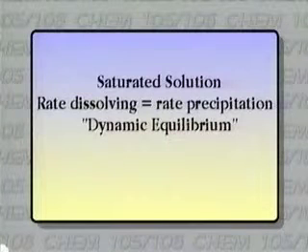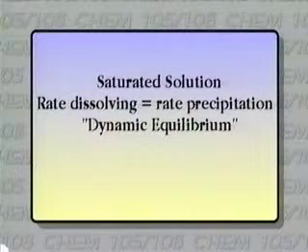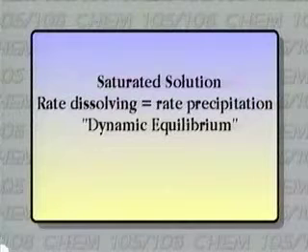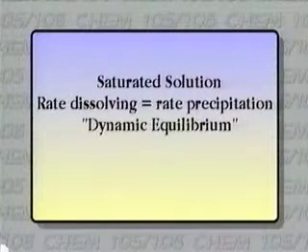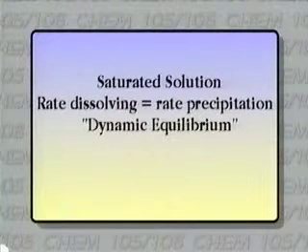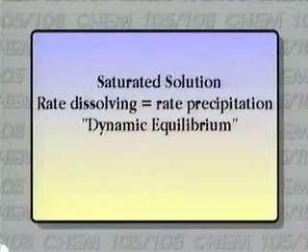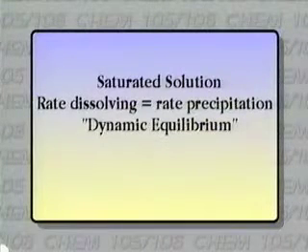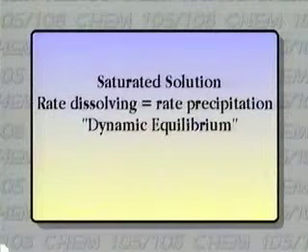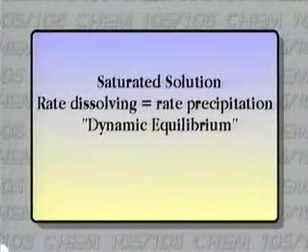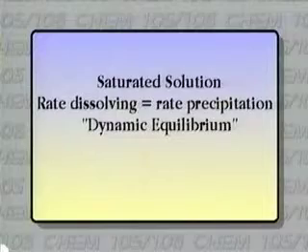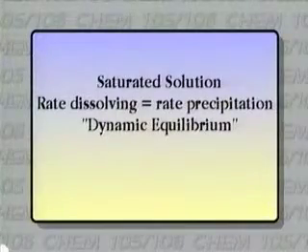Now, one of the things that we should point out here is that when this occurs, we refer to this as an equilibrium because two opposing things have become equal, but this particular type of equilibrium is a dynamic equilibrium, meaning that the processes, the dissolving and the precipitation, both are still going on. It's not that they have stopped, it's just a matter that they have become equal.